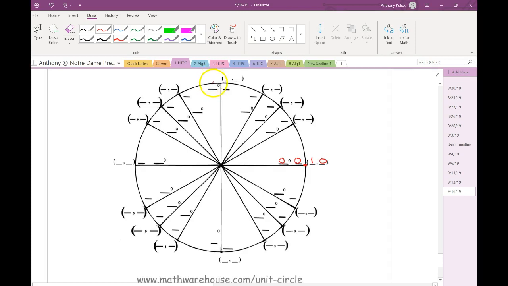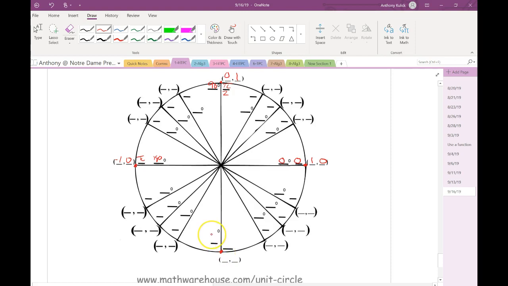Let's skip over to here. This is 90 degrees, correct? In terms of pi, that is pi over 2. What is the point there? 0, 1. Let's skip down to here. This is 180 degrees, or just pi. What is the coordinate here? -1, 0.